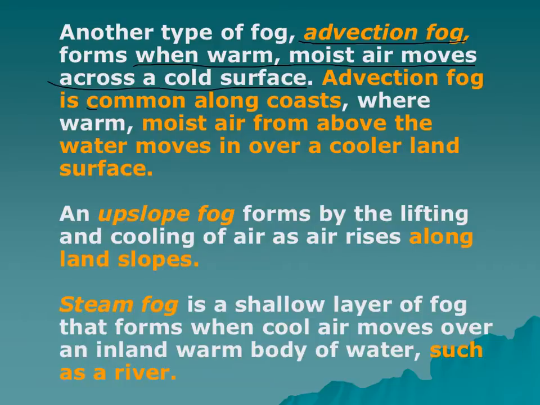It's very common along coastlines, and this happens where warm, moist air from above the water moves over a colder land surface, usually in the mornings or at night. In the middle of the night, the water of the ocean or the Gulf of Mexico retains more heat, so the air over the water is warmer.